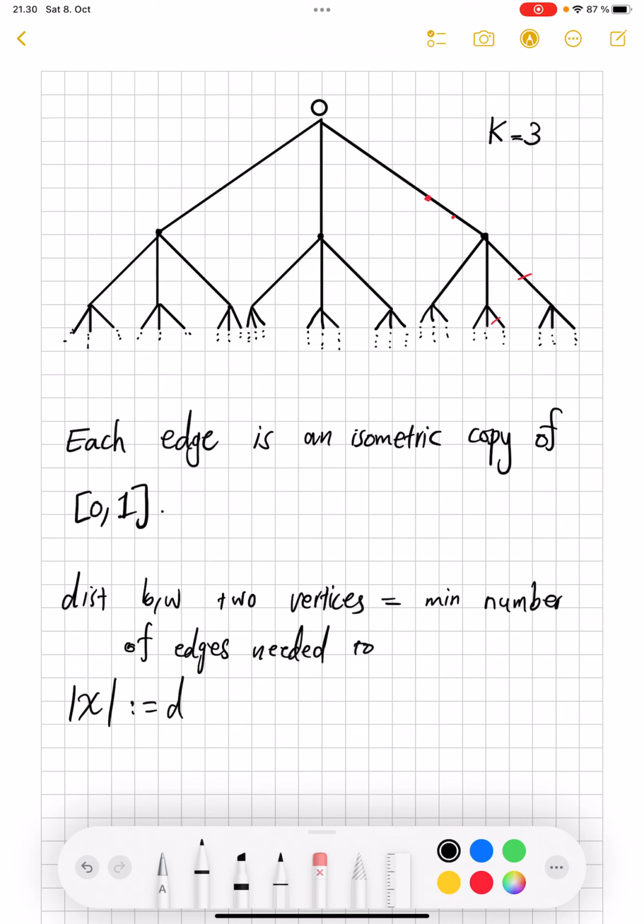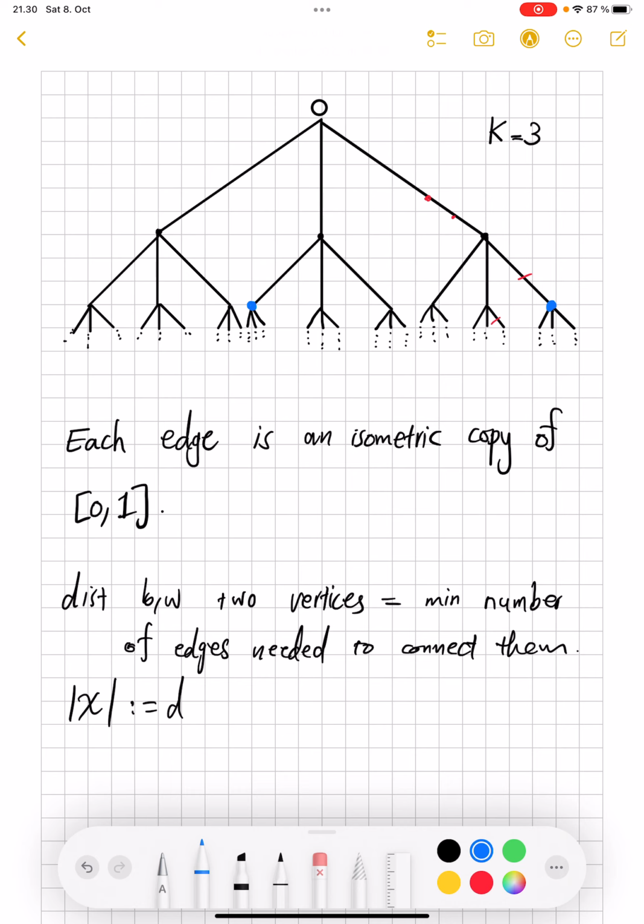And at least one collection of edges exists, just going back to the root and descending back to the other. So if you want to measure distance of this to this edge, there's always a collection of edges that does that. So the quickest way you can do it is giving you the distance between the two blues.